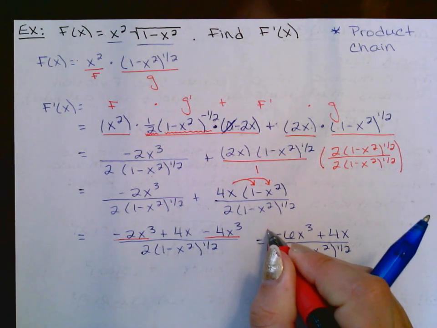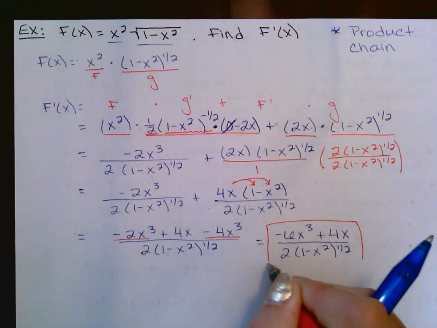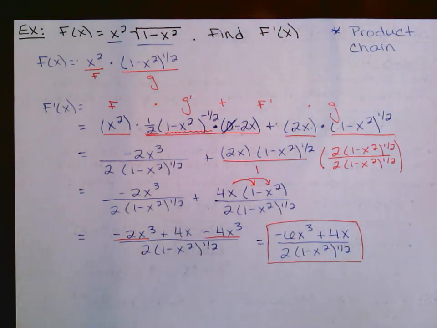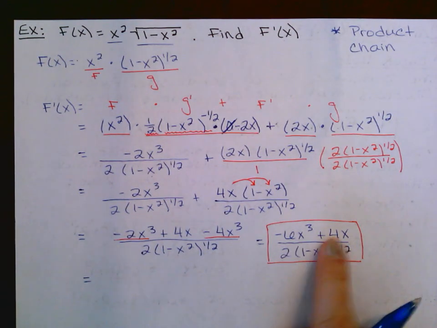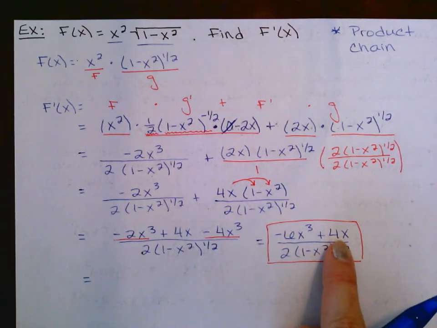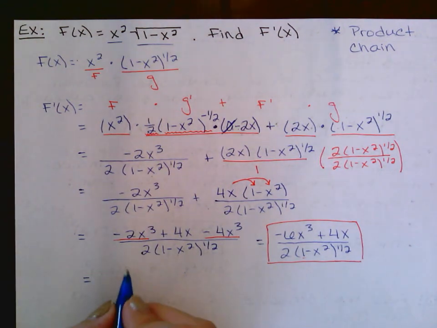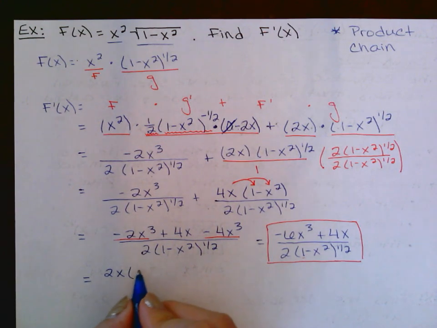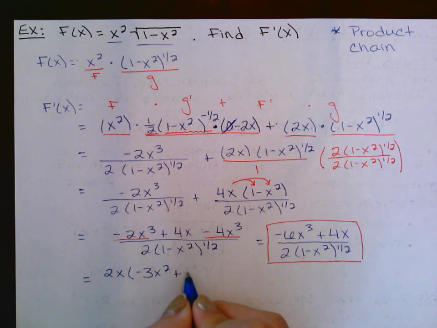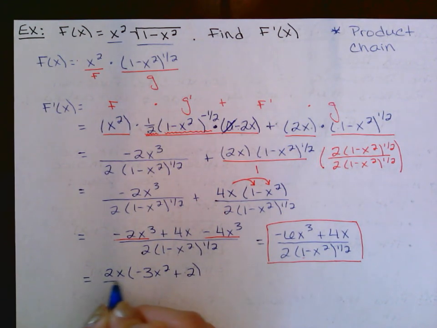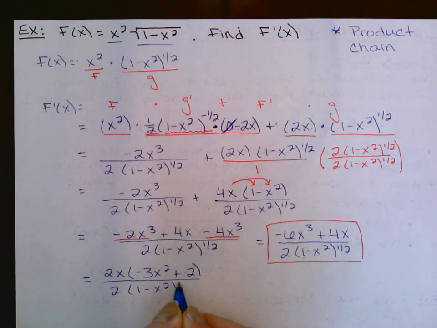Okay, some things that you might see the back of the book do. Again, these are just options. Is that you can factor out a 2 from here. You could even factor out a 2x. So you can say, okay, if I take out a 2x, then I'm left with negative 3x squared plus 2 over 2 times 1 minus x squared to the 1/2.